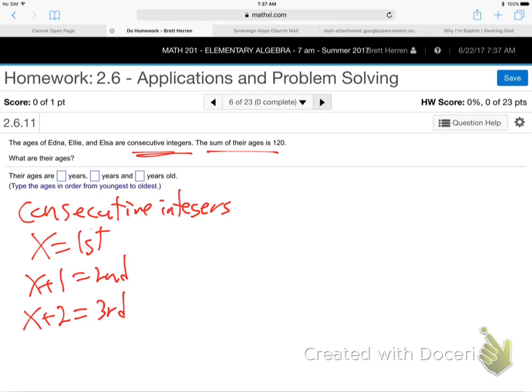And the sum of their ages is 120. So let me give you a second rather than me just diving in. Take those three and put them in an equation.